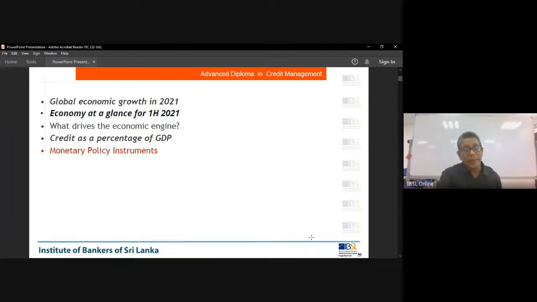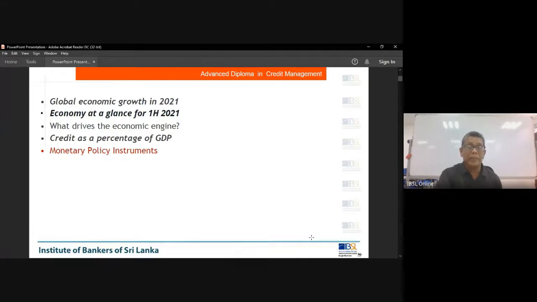We also discussed credit as a percentage of GDP, how credit facilitates countries' economies, and how Sri Lanka compares with other countries in how credit supports the GDP of a country.